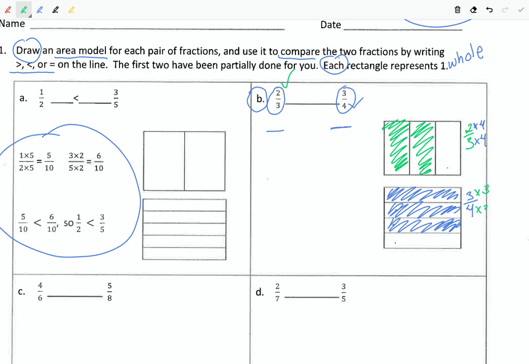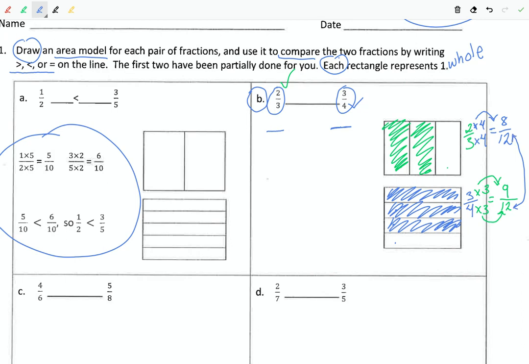So times 3, top and bottom. If I do that, I get 3 times 3 is 9, and 4 times 3 is 12. And then the first one, let's multiply it. 2 times 4 is 8, and 3 times 4 is 12. So there you have it. This is what we want to have. We want to have the same denominator on both fractions so that then we can compare.